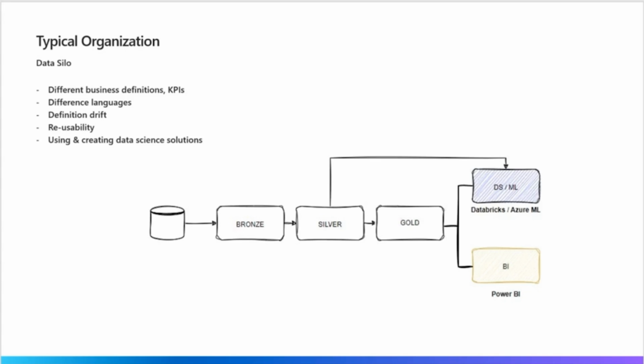And what I mean by that is, let's take an example of a data science team. Typically, the data science team has a very code-first approach. They get their hands on the data, they work with the data using Python or R or any language of their choice, and then create solutions and then deploy them.